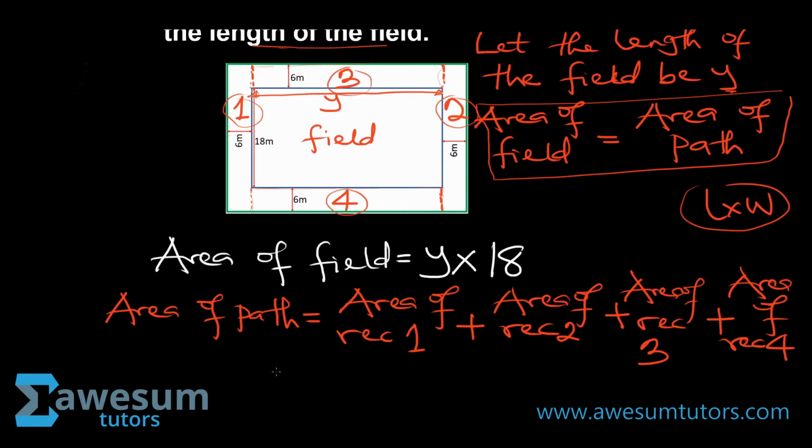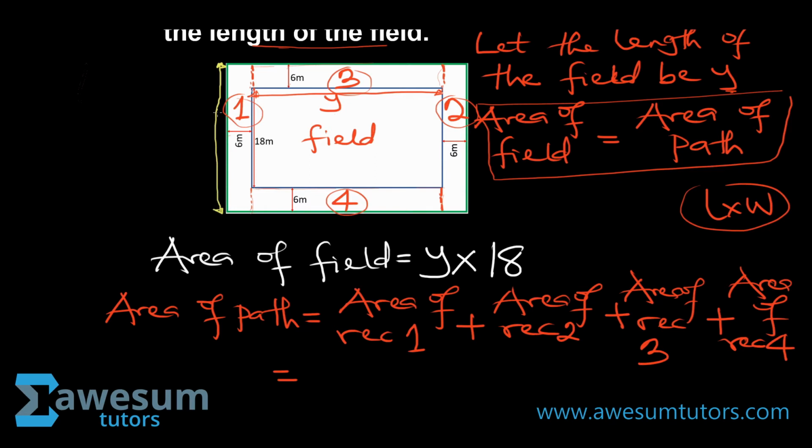Now let us find the area of rectangle 1. We already know that the area of a rectangle is length times breadth. What is the length of this rectangle?